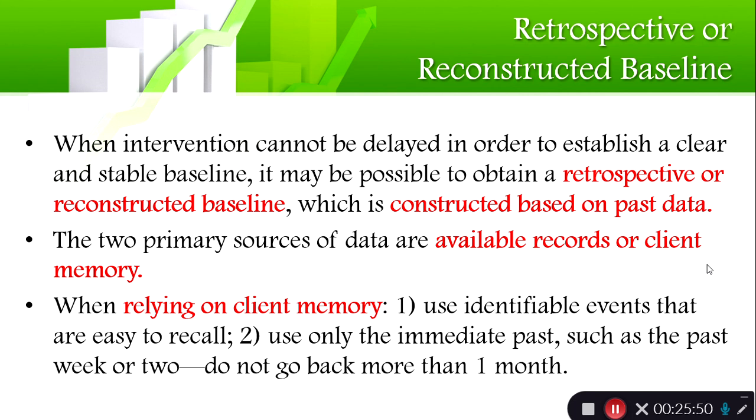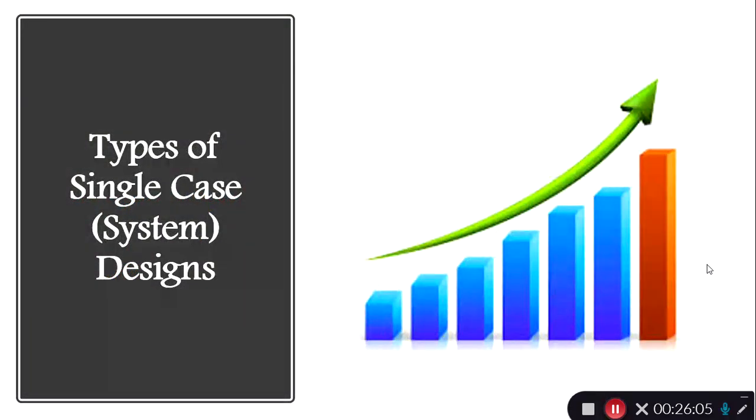So it's always good to know what the alternatives are and what the workarounds might be to some of these designs. So this is one thing to keep in mind in terms of another way to go about doing this. In terms of types of single case designs, we're going to get into that next, because your text talks about several different types of single case designs that you should be aware of as well.